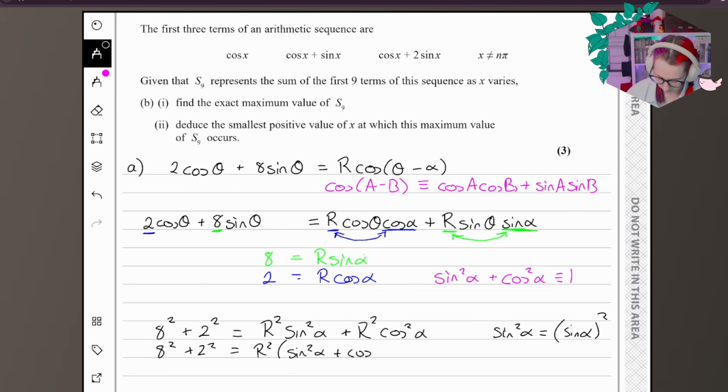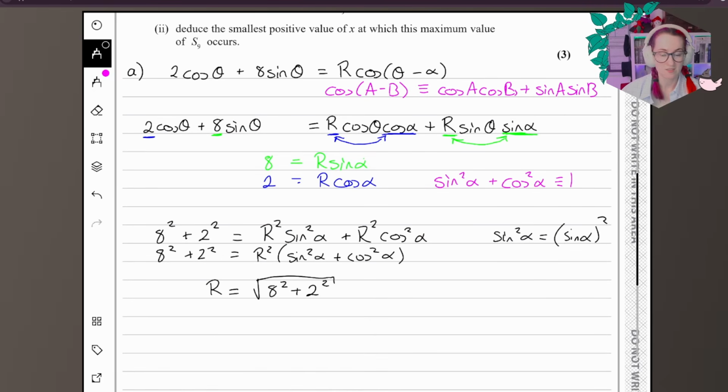Sine squared alpha plus cos squared alpha, which I said was 1, disappears. So if I want r, I just take the square root of the other side. Again, looking very similar to Pythag, which is not without a point. It's all Pythagoras, basically. He really won the lottery on putting his name on the most used thing, I'd say.